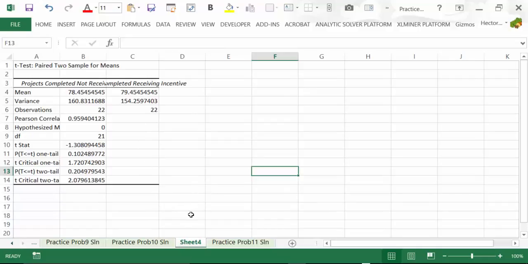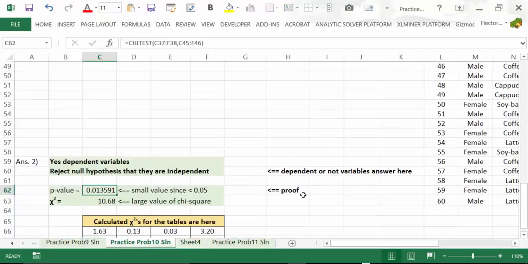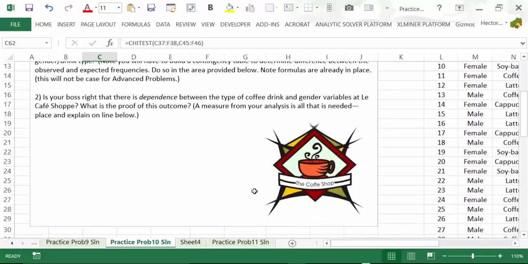For the null hypothesis that we're testing, we always look for a p-value in this type of hypothesis testing. Here's our p-value for a one-tailed test, and here's our p-value for a two-tailed test. What was our alpha in this particular problem?